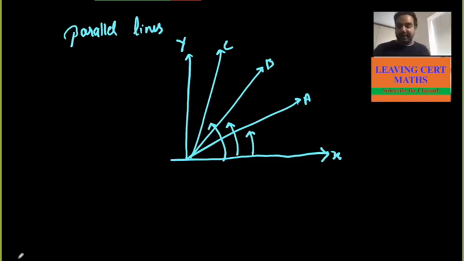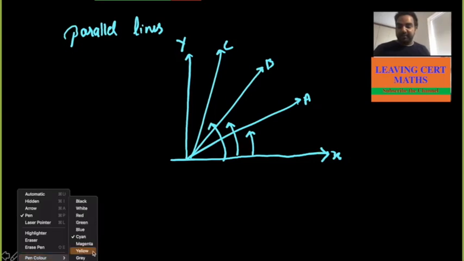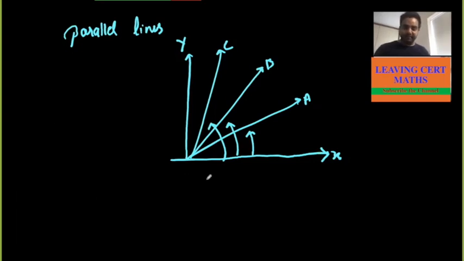So the meaning of parallel lines is, if you have two lines, let's say I'm drawing one line, this is one line. With respect to the x-axis, if you draw a parallel line with respect to x, then this angle is known as the inclination, and it will be the same with respect to x, because you have already drawn a parallel line with respect to x.